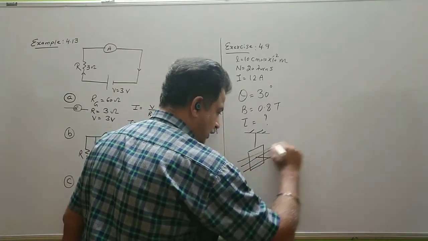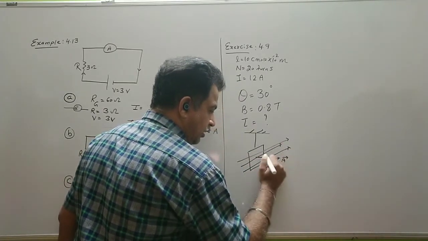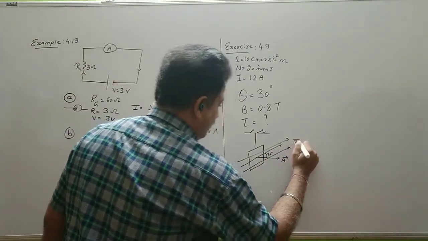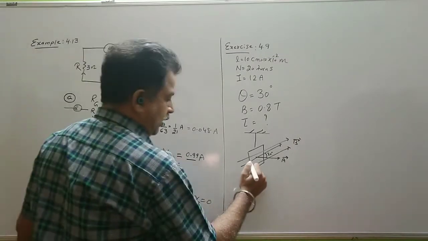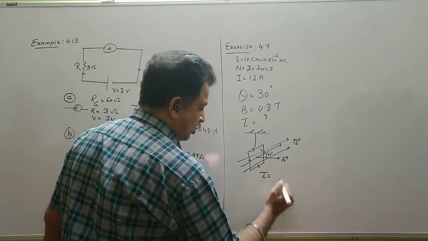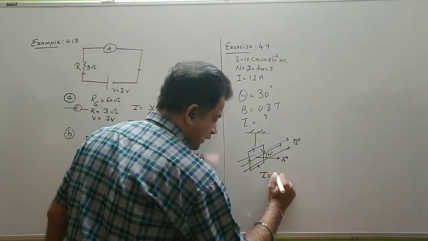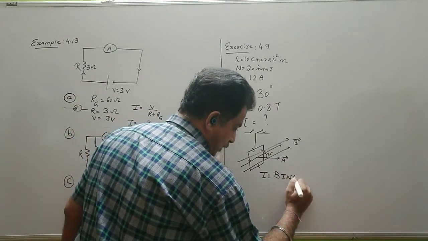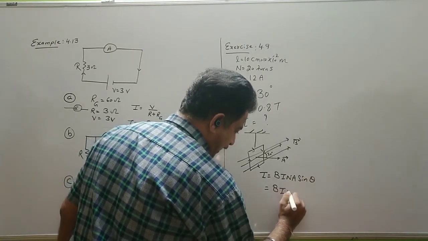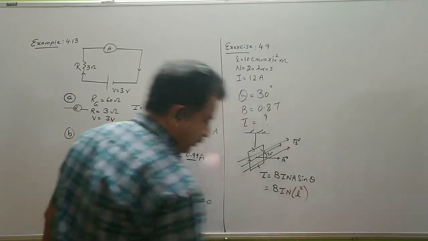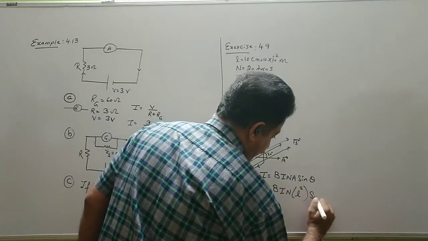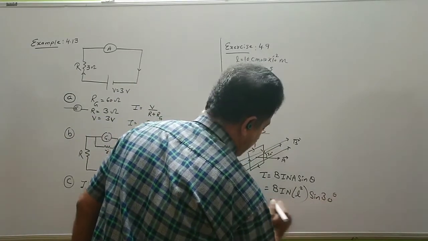is suspended in a magnetic field which makes an angle of 30 degree. So let us assume this is the B vector. So clearly when the current flows through it, the torque acts on it, and we know that the torque formula was given as BINA sine theta. So it becomes B I N, area of the loop, that will be the square, that is L square, sine of 30 degree.